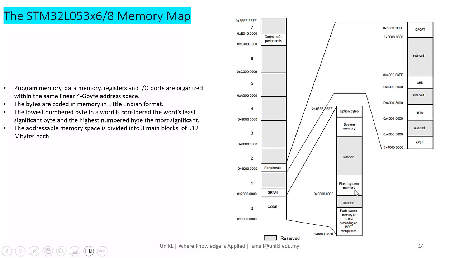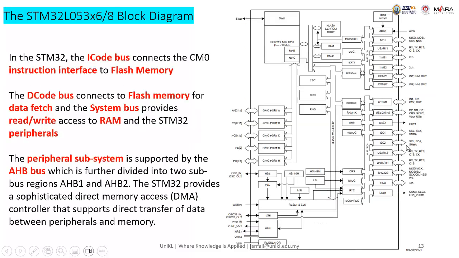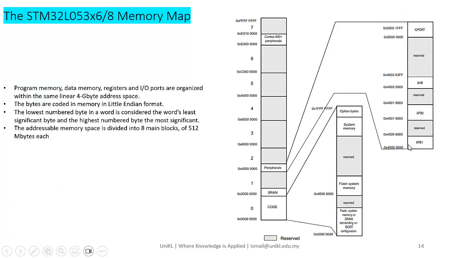Then we have flash memory here from 0x800,000, right? So we have APB1 here. So for example, here before APB1, we have the USART2. So USART2 will be connected to APB1, right?